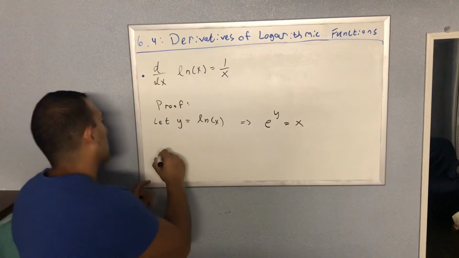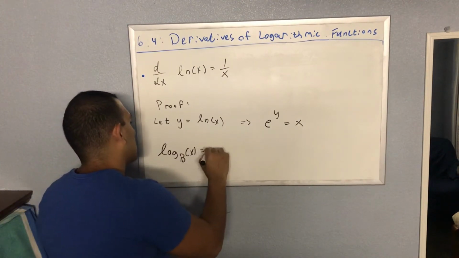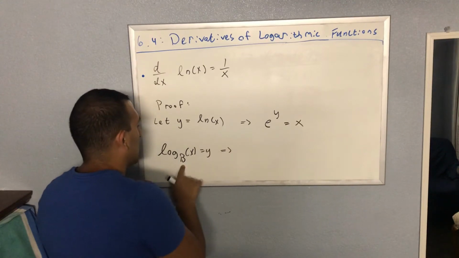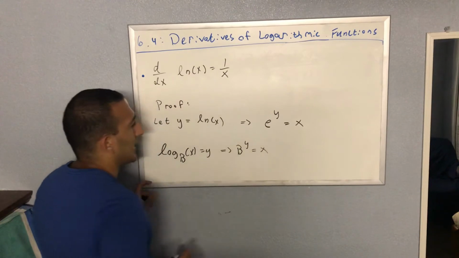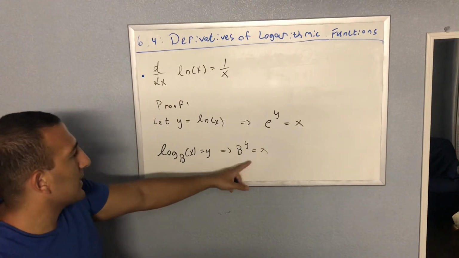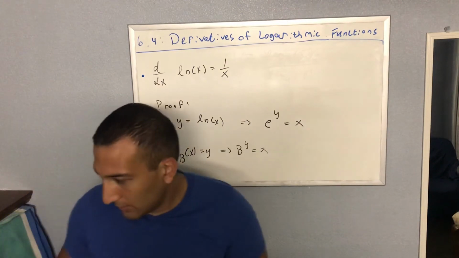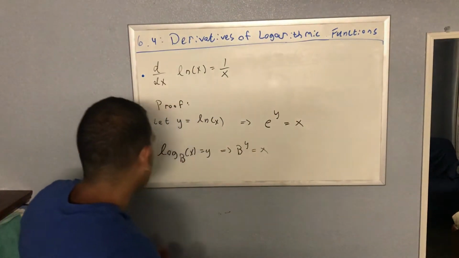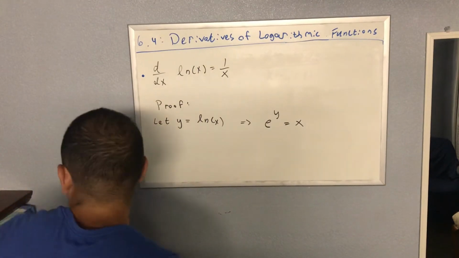Remember, in general, if log base b of x equals y, this means that if you take the base and raise it to this power, it equals x. In this case our base b is the number e, which is about 2.72. So this is equivalent to that.